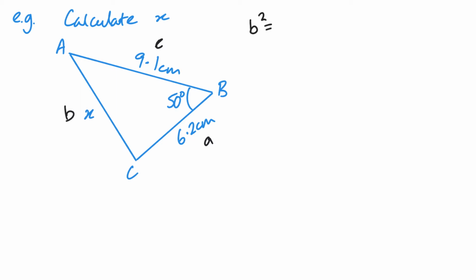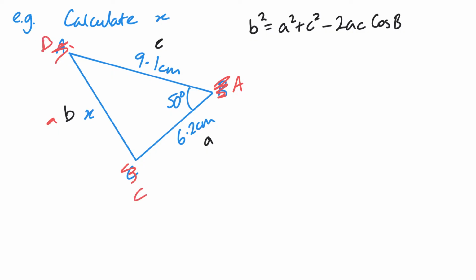So b squared equals a squared plus c squared minus 2ac cos B. Now, if you're uncomfortable switching the letters around, like I've done in the equation here, relabel them. So cross them out and relabel them if that's what makes it easier for you. Okay? Anyway, let's get into this.